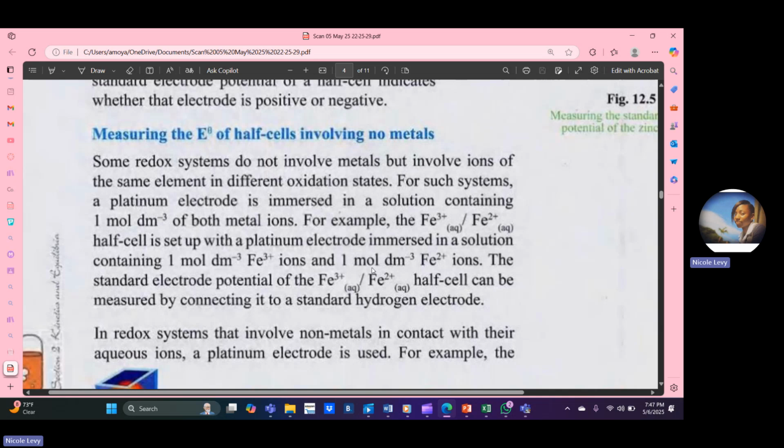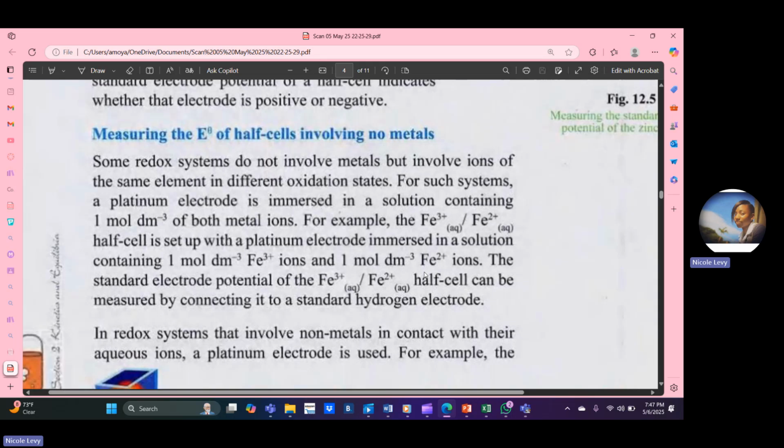So the electrode would have to be made up of platinum immersed in a solution containing 1 mole per dm cube Fe3+ ions and 1 mole per dm cube Fe2+ ions.